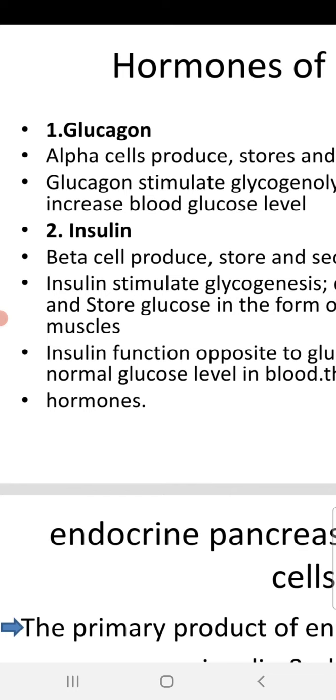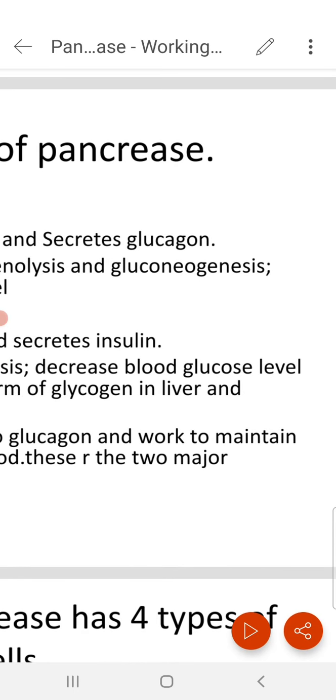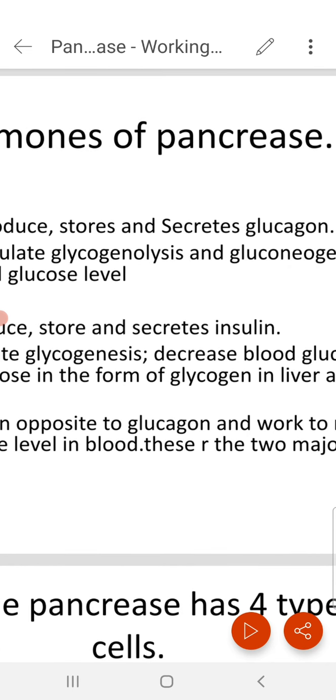So it increases the blood sugar level, because of the new synthesis by gluconeogenesis and glycogenolysis. Glycogenesis is a process in which the extra sugar in the blood is stored in the form of glycogen, and whenever it is needed, that glycogen will be broken down, and that process is called glycogenolysis.